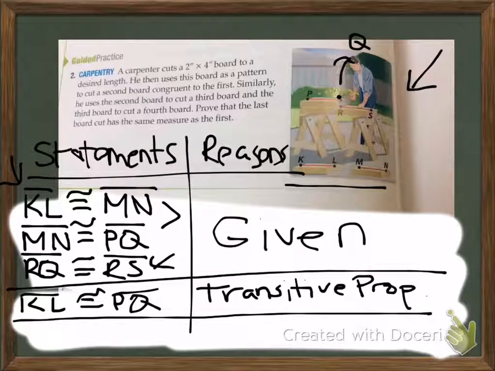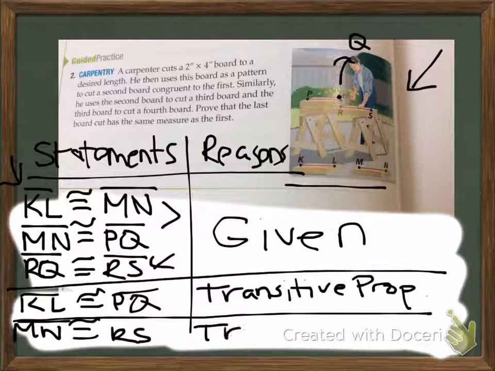If we use the transitive property again, we could also say MN is congruent to RS, because both are congruent to PQ. So we have, again, the transitive property.